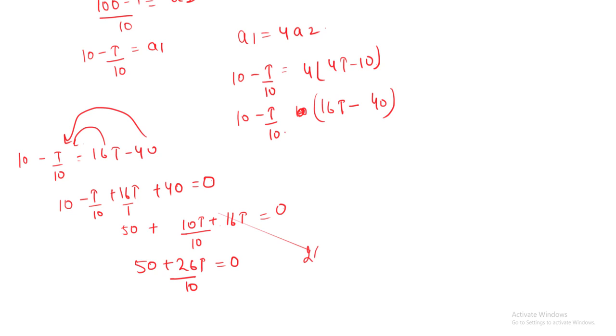So 26T by 10 is equal to minus 50. So T will be minus 500 by 26 Newton. Minus is due to the sign we have taken opposite.